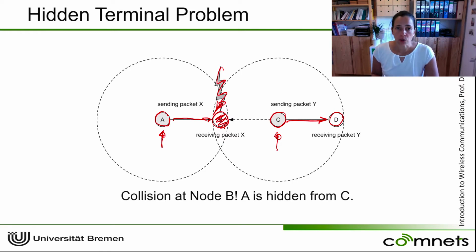That requires, of course, first A to send some sort of a preparation packet in order to say, hey, I have something for you, and then B sending back a reply to node A saying that yes, okay, you're clear to send. And this is the so-called ready to send, clear to send handshake, or RTS, CTS for short. Let's look how that works.